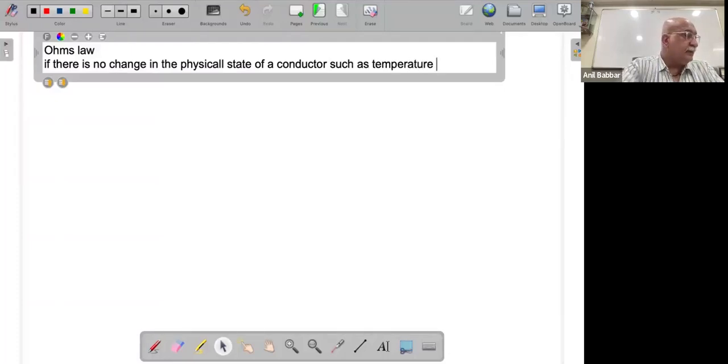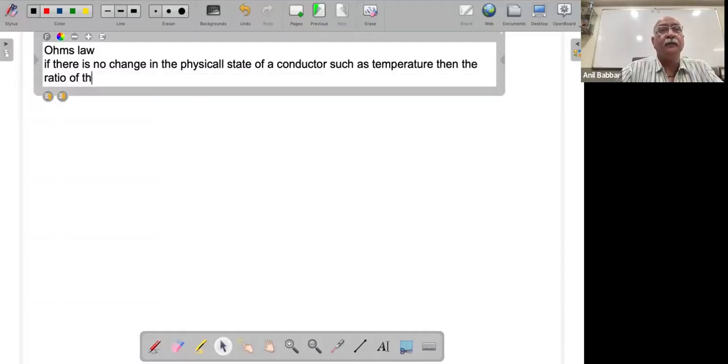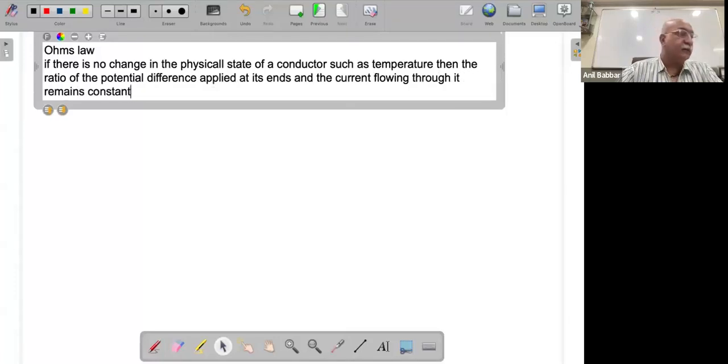fine. Then the ratio of the potential difference applied at its ends and the current flowing through it remains constant, right?